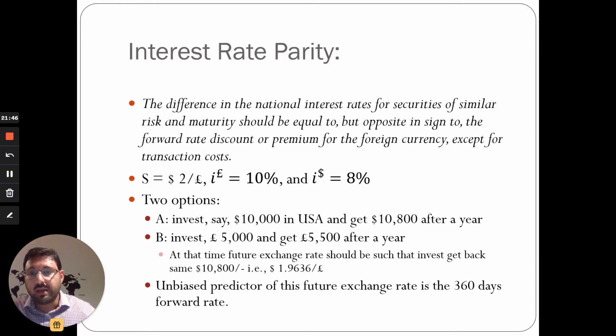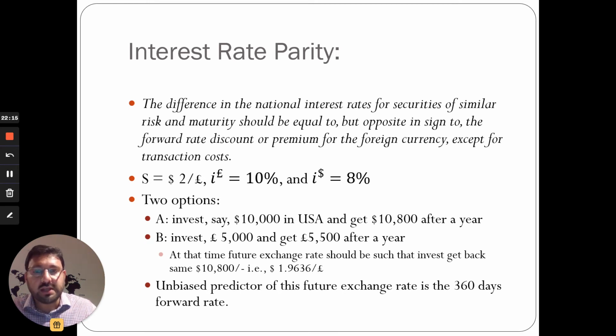So for example, suppose there is a spot rate between the US dollar and the pound, and 2 US dollars are needed to buy 1 unit of the pound. So the base currency is the pound. It means that for American citizens it is a direct quote, because you are buying 1 unit of the foreign currency by paying your domestic US dollars.